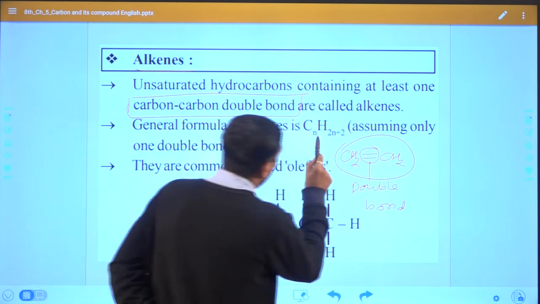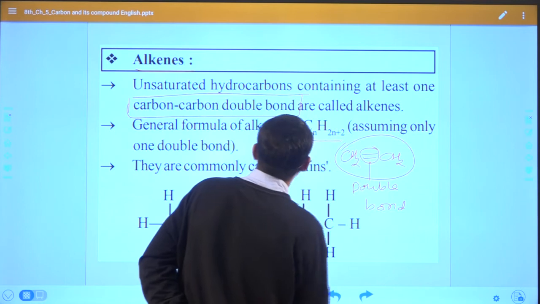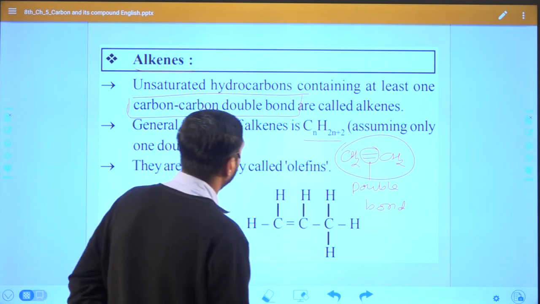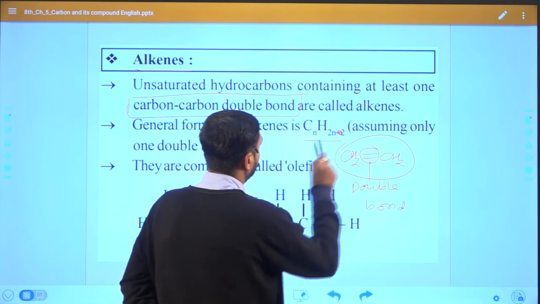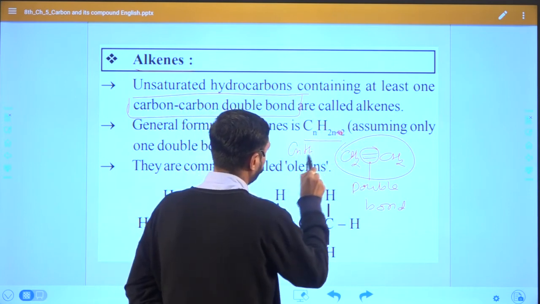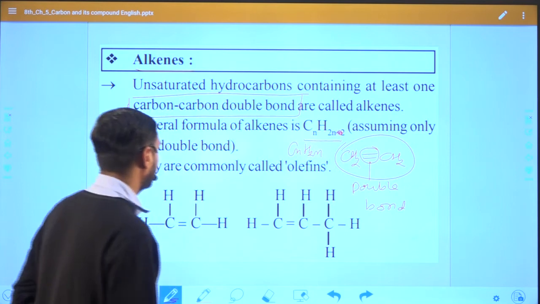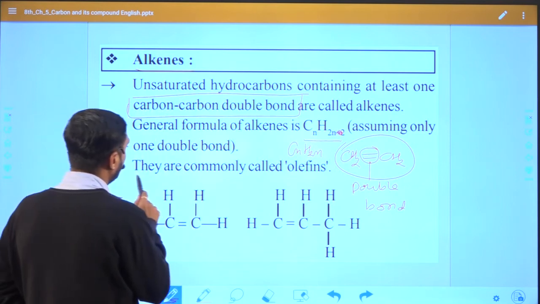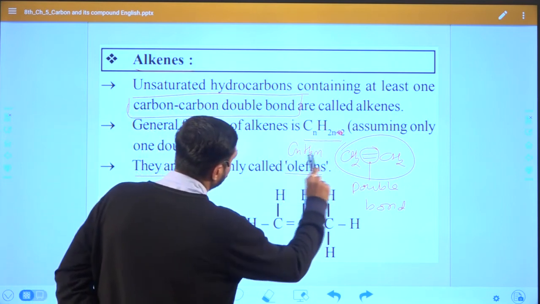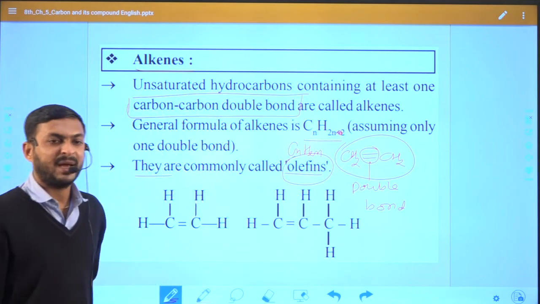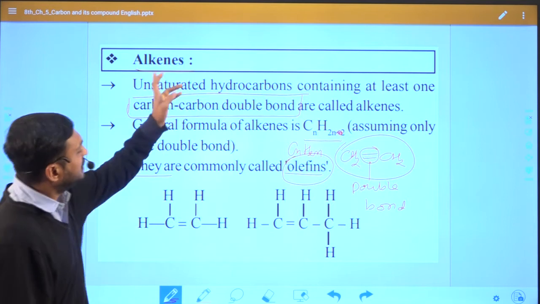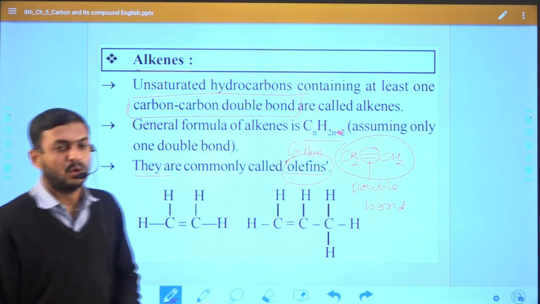The general formula of alkene is CnH2n, not plus 2. Alkenes are also commonly known as olefins. Alkane we can call paraffin, while in the case of alkene we say olefins.